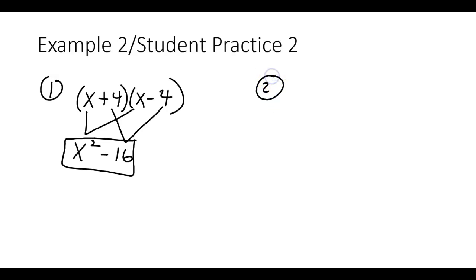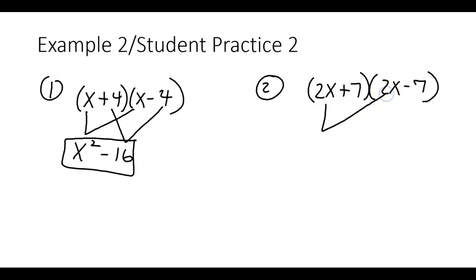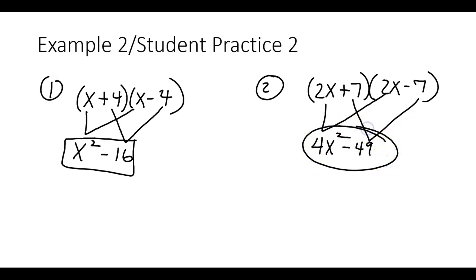Let's do another one here. Okay, so 2x times 2x is? 4x squared. Right. And then the last number will be? Negative 49. And that's it. So there's our second shortcut. Once again, box method works, but this is faster.